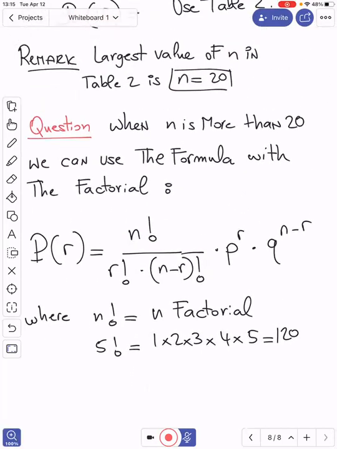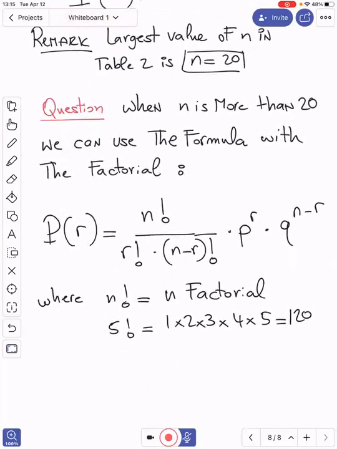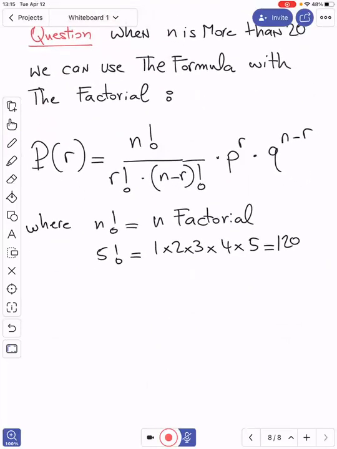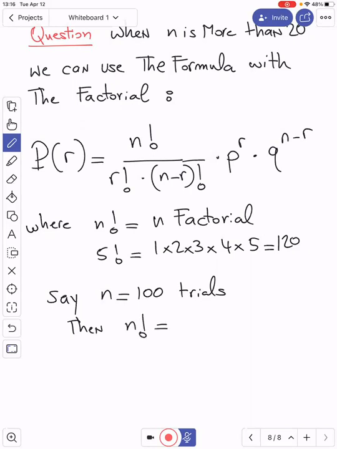So in theory, if you have n number of trials more than 20, we can always try to use this formula. But if n is very large, let's say n is 100, you have 100 trials, then this n factorial is going to be a very big number. 100 factorial is 1 times 2 times 3 times 4, etc., and the last number would be 100.